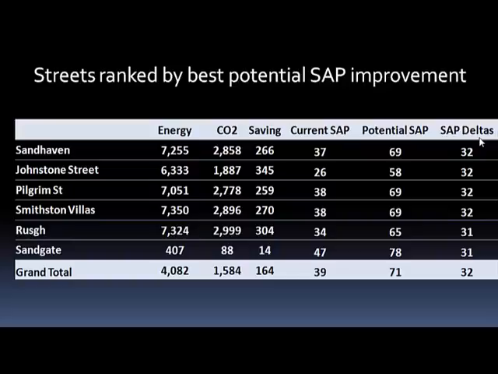We can obviously include things like which properties would give the best savings on wall insulation or loft insulation, windows, low energy lighting.